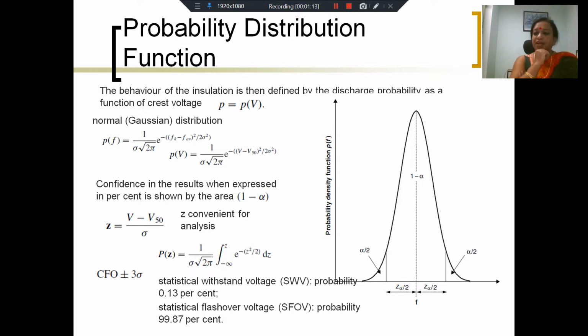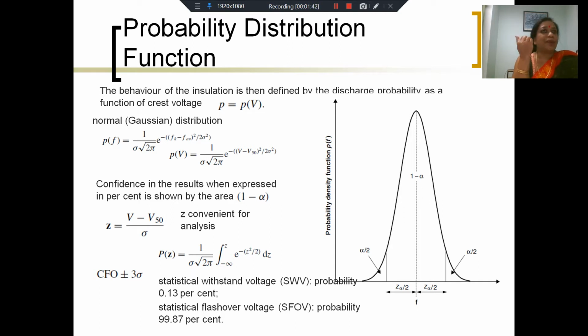Now, obviously, since breakdown is a stochastic process, it is best estimated through probability. So when I refer to the behavior of the insulation by its discharge probability, let's say P(V), what is the probability of failure at voltage V?